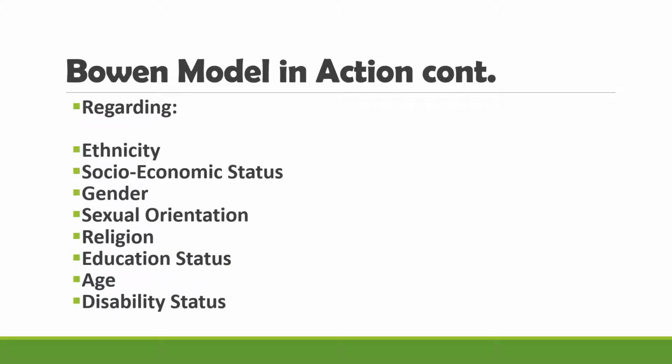Next in the paper, continuing to look at the Bowen model in action during session, we look at how it applies to our clients' different ethnicities, socioeconomic status, gender, sexual orientation, religion, education status, age, and disability status.